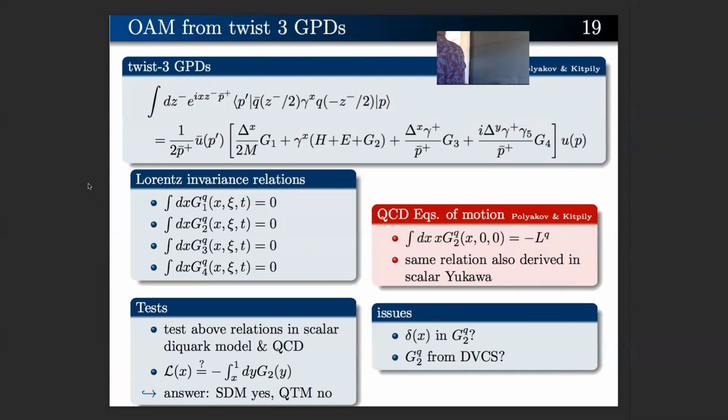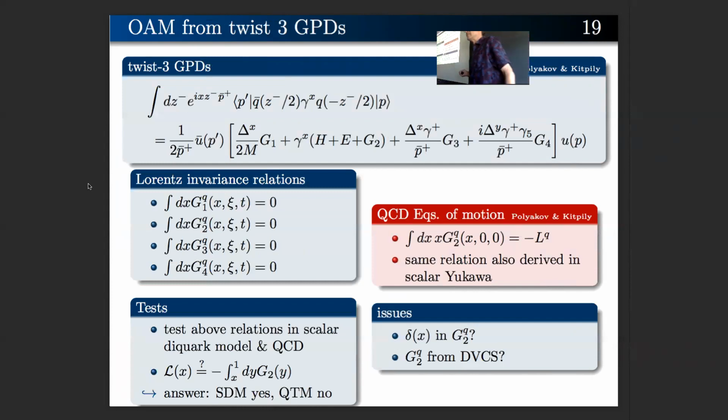And what's also been suggested is that there's a relation between the orbital angular momentum distribution and G2. I don't want to get into too many details because I would prefer to show you other details. But the short answer is, in a scalar diquark model, this is actually true. In the quark target model or QCD to one loop, this is not true.